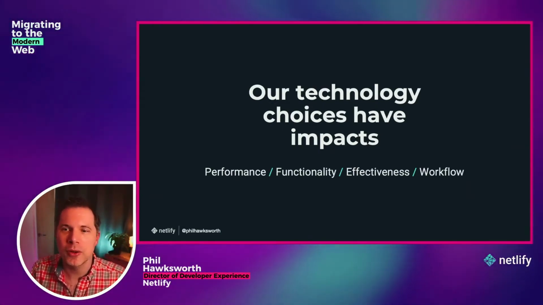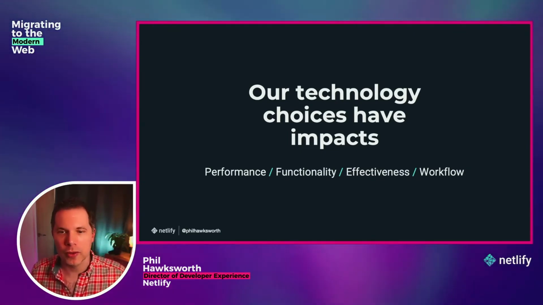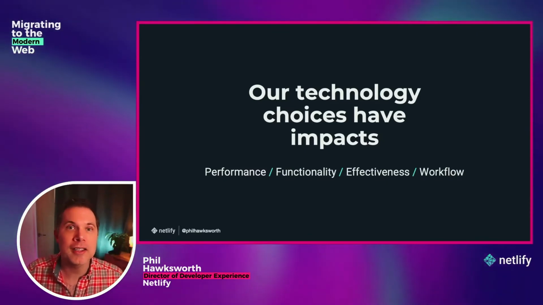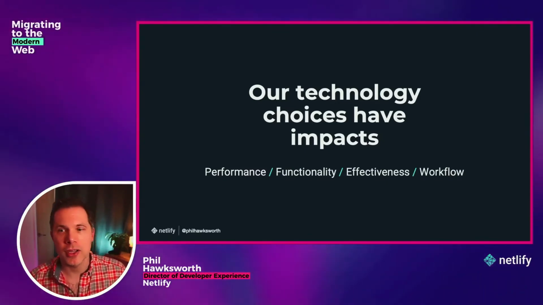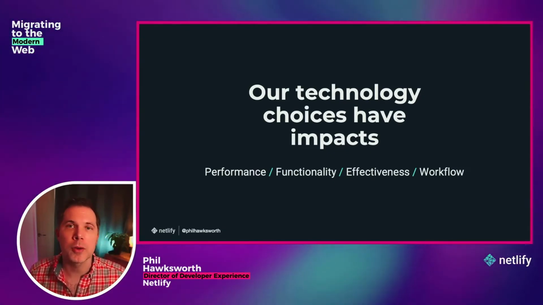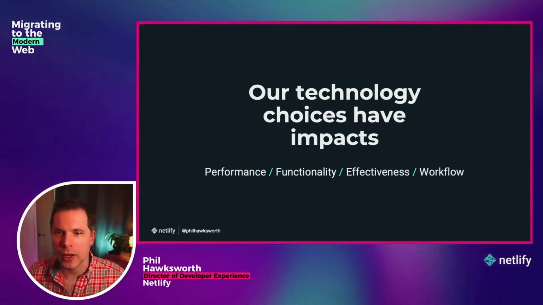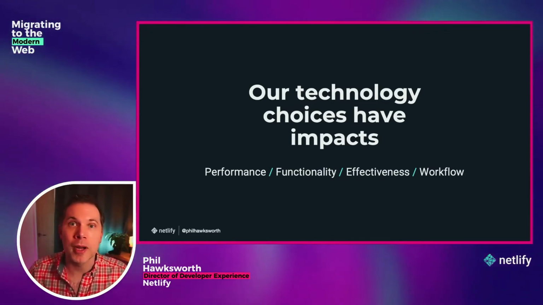The way that we choose to architect our sites, the tools that we use to build them with, have huge impacts on the performance, the functionality we can bring to bear, the effectiveness of the experiences that the users get, and the effectiveness of the projects themselves, and the workflows that we can realize to bring these things all to life. Of course, our technology choices have real impacts on that, which is why we all get so passionate about them.